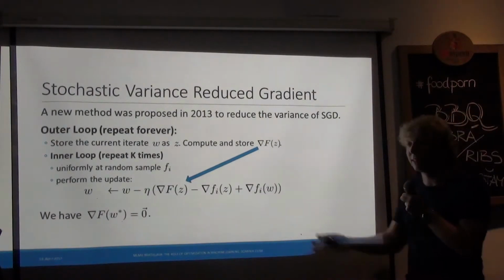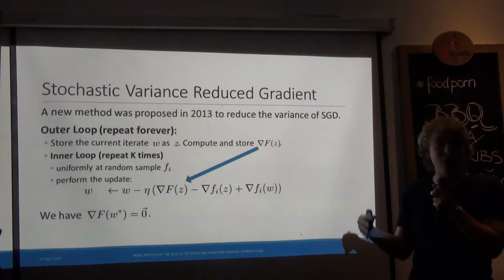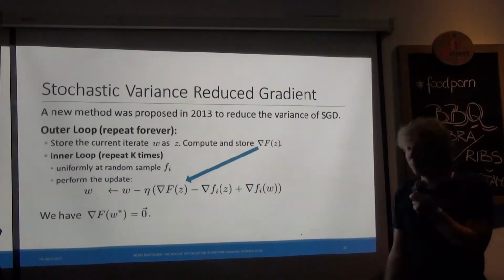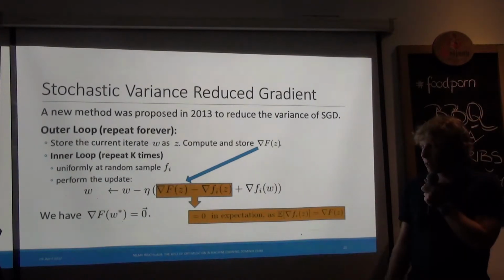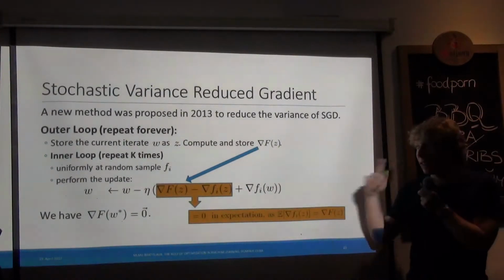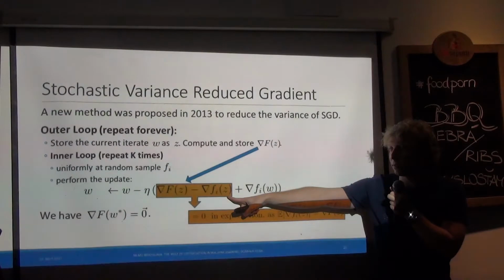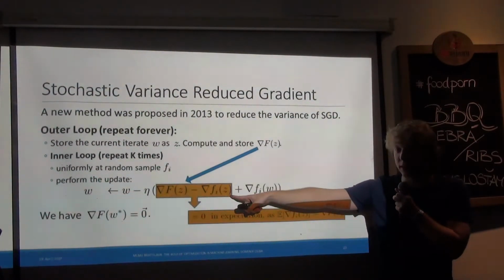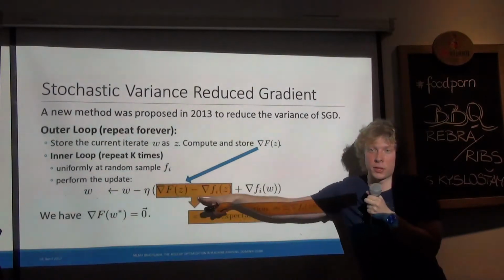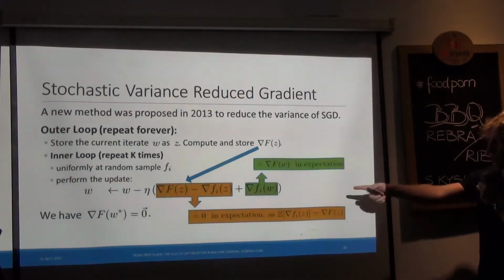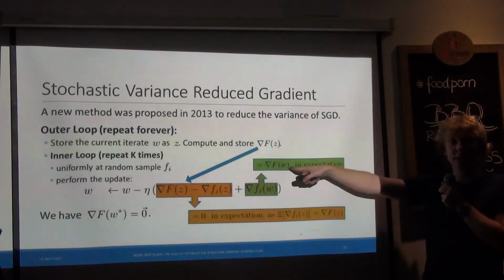And now, okay, does this make sense beyond, we are not moving out from the optimum? So, if we look at this term, this is actually 0 in expectation. Because again, it's just the gradient of the small function. If we take the expectation over it, that's the gradient of the big function. And they are just going to cancel out. This one is just the same as in SGD.